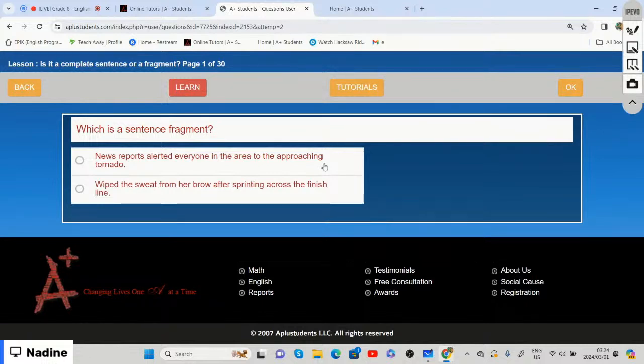The first option is: news reports alerted everyone in the area to the approaching tornado, or wiped the sweat from her brow after sprinting across the finish line. So we need to select a sentence fragment. Which one do you think is a sentence fragment? The first option or the second option?